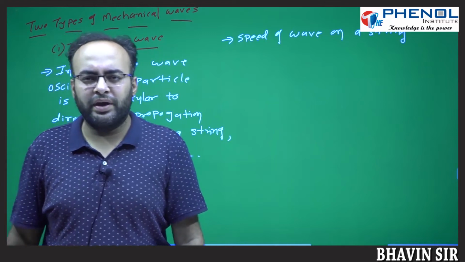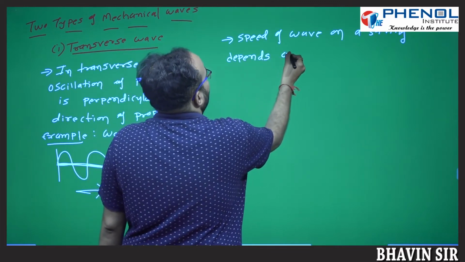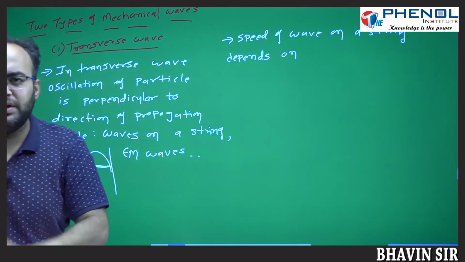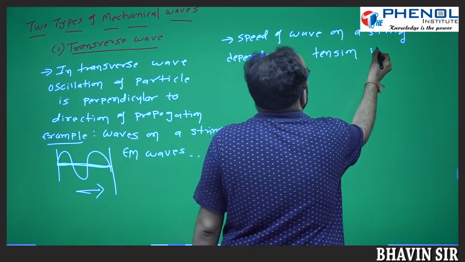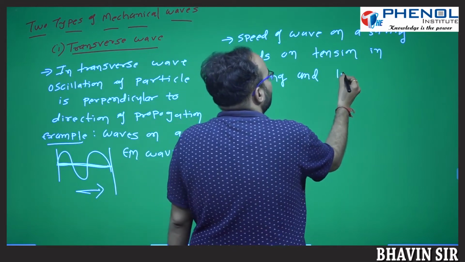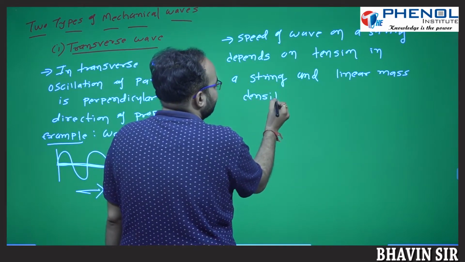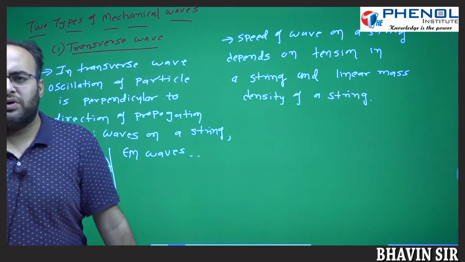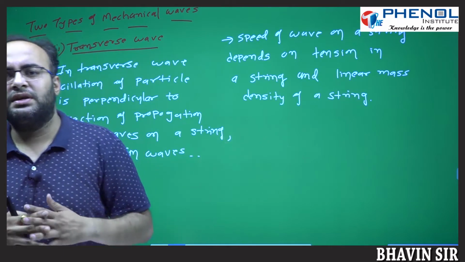Speed of wave on a string or wire depends on tension in the string and linear mass density of the string.